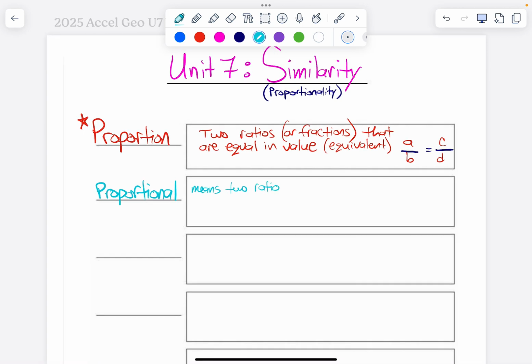Two ratios are equal or equivalent. Now, we have some quick, easy ways to check this, and I'm going to put those on here. But now I want you to try a couple of these before I do.